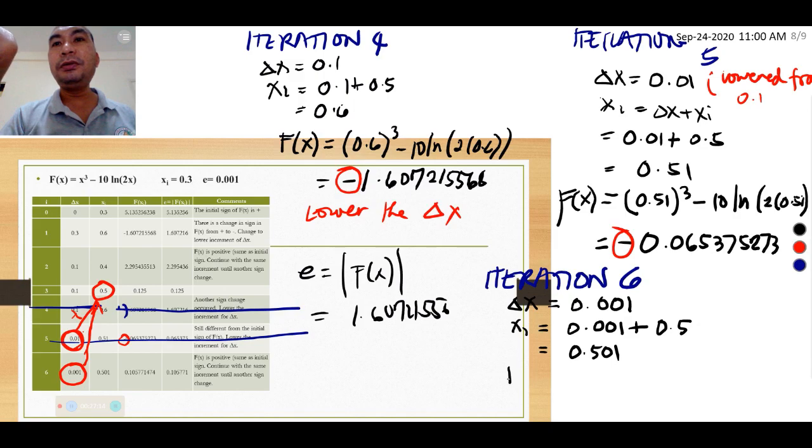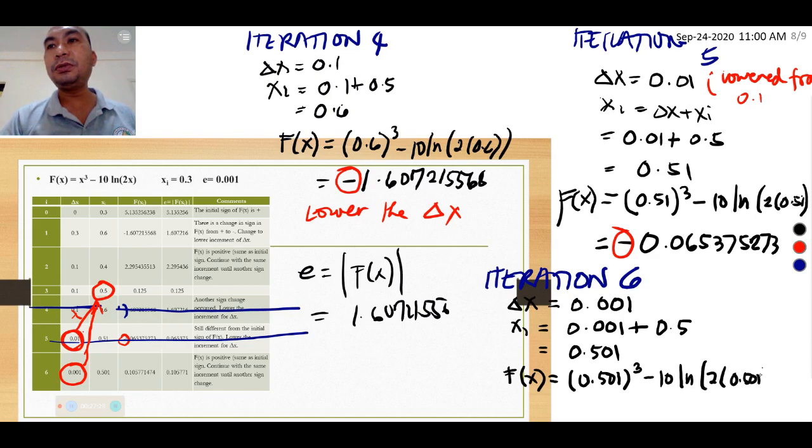So your function of x will be equal to 0.501 cube minus 10 times ln of 2 times 0.501. That will give you 0.105771474.